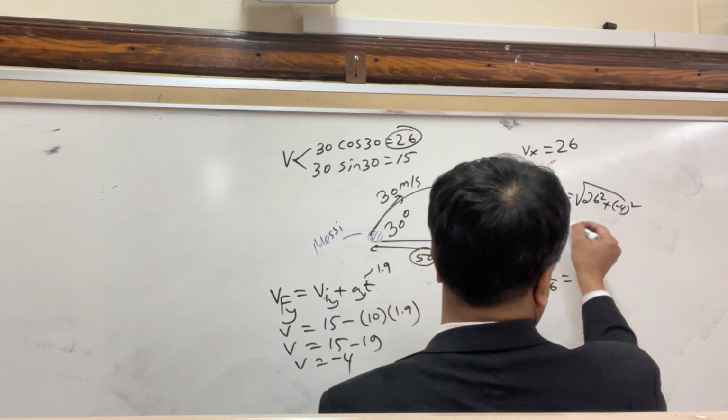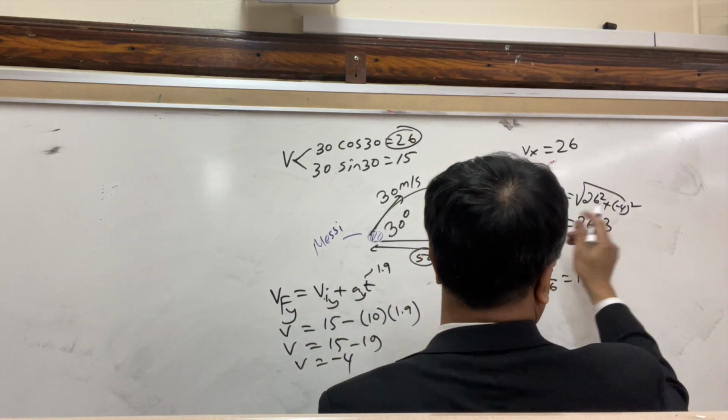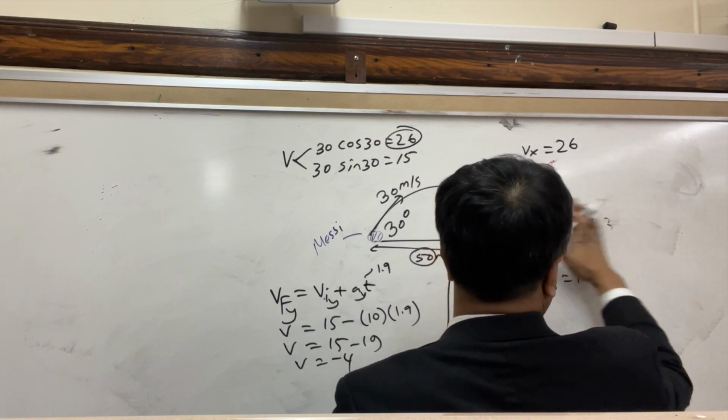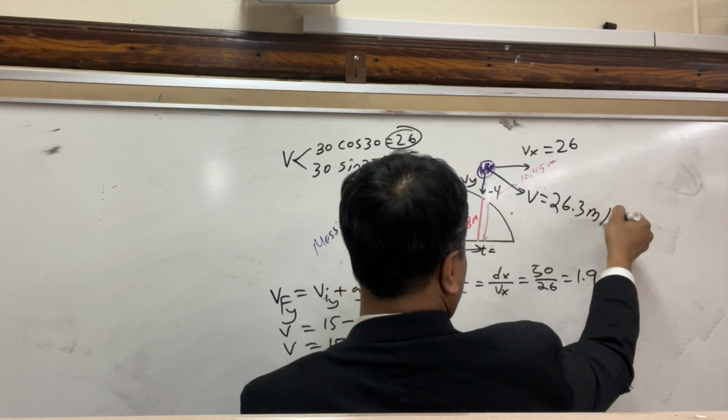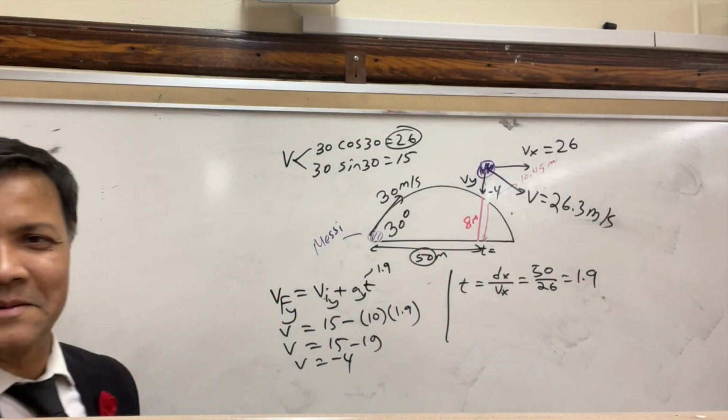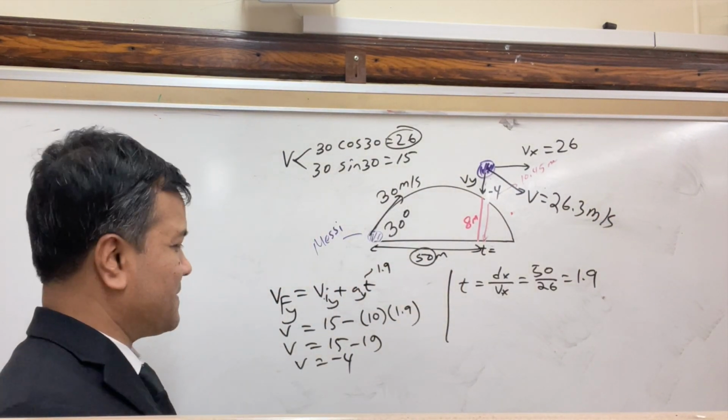So R is 26.3. So the velocity of the ball right here is 26.3 meter per second. And that's the answer I was looking for, and nobody gave me that answer.